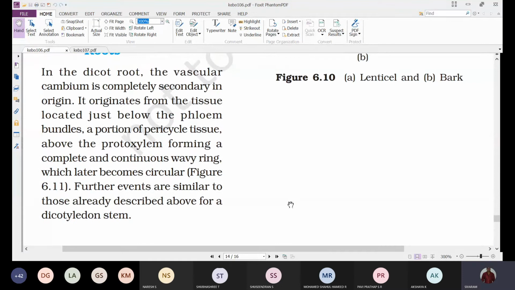Anybody is having any doubt regarding the secondary growth?